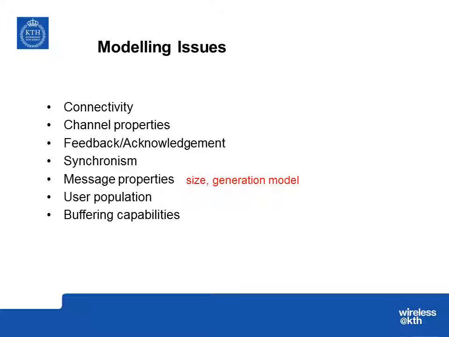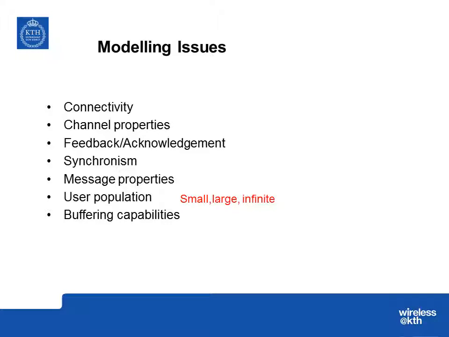In practice, of course, there are very many different data streams that have a very high correlation between successive messages and do not have the memoryless property that makes them easy to analyze. But for the sake of simplicity, we will start our analysis with a Poisson generation model.